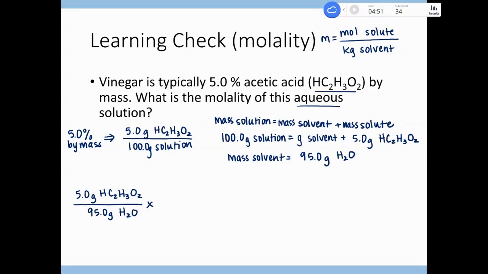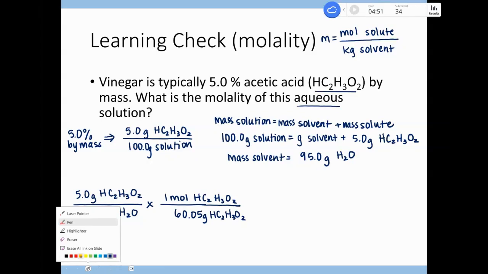So I'll convert to moles first. 1 mole of acetic acid is 60.05 grams. So this converts grams of acetic acid to moles of acetic acid.